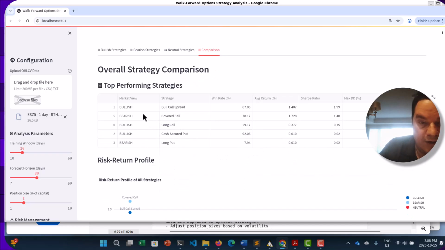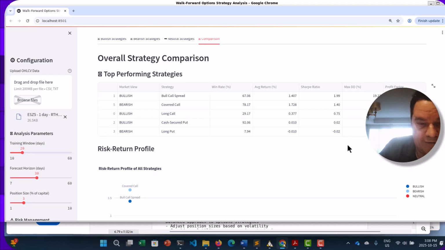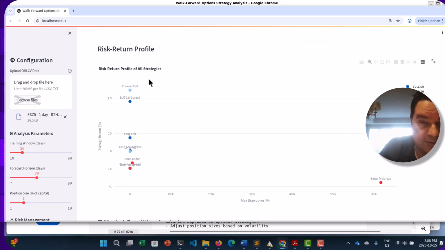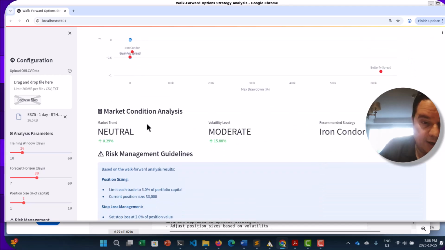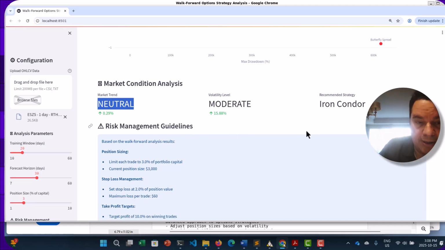So we have here the bull call spread, average return 1.4%, Sharpe ratio 1.99, max drawdown at 19%, which I could tolerate, profit factor 4.4. So some other interesting things. Market trend is neutral for this, and moderate level.